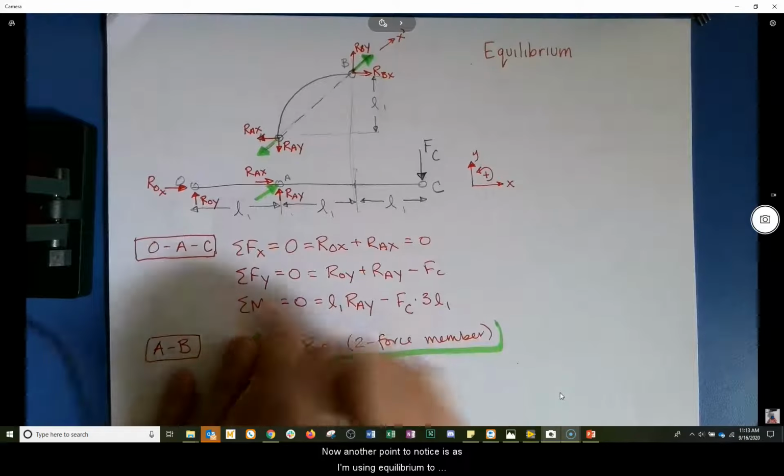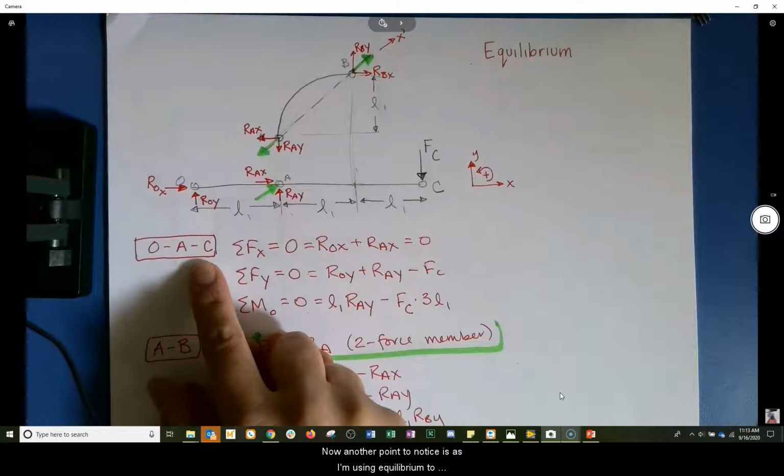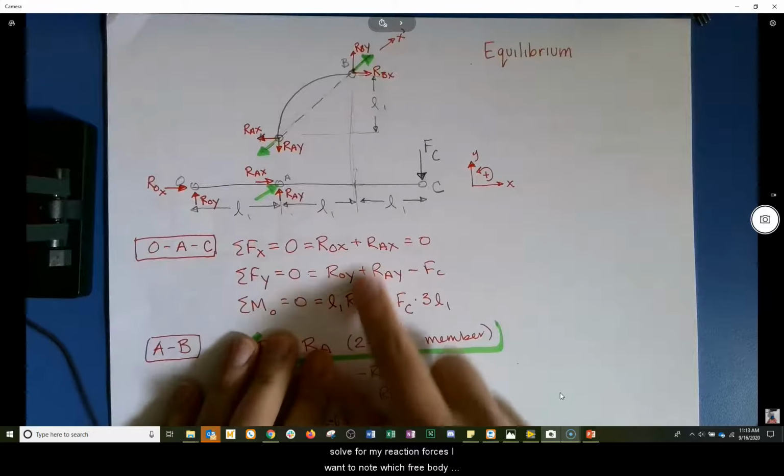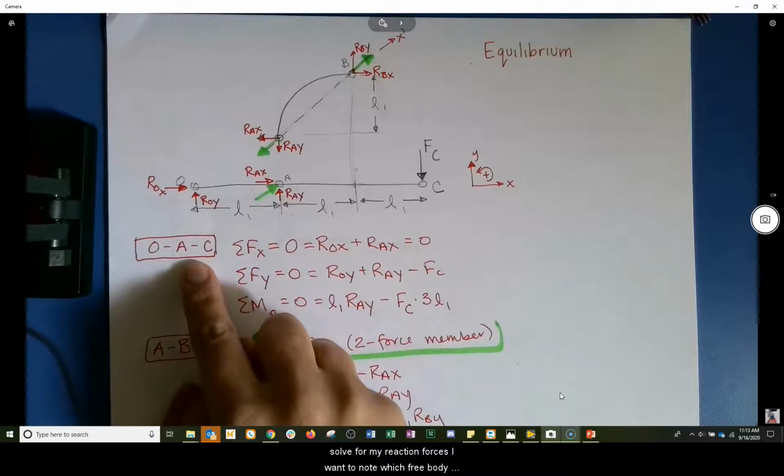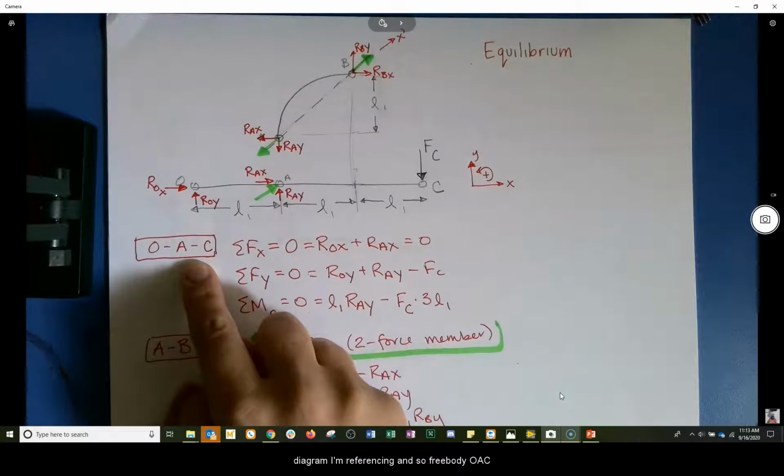Now, another point to notice is as I'm using equilibrium to solve for my reaction forces, I want to note which free body diagram I'm referencing.